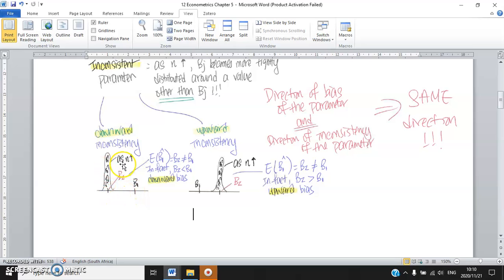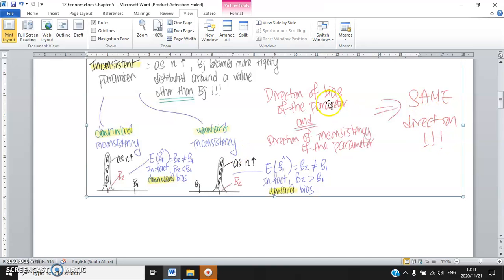Then even if I increase the sample size, my sample regression parameter would only converge around BC instead of B1. So I also suffer the downward inconsistency of the parameter. And this is the important thing: the same direction of the two types of problems.